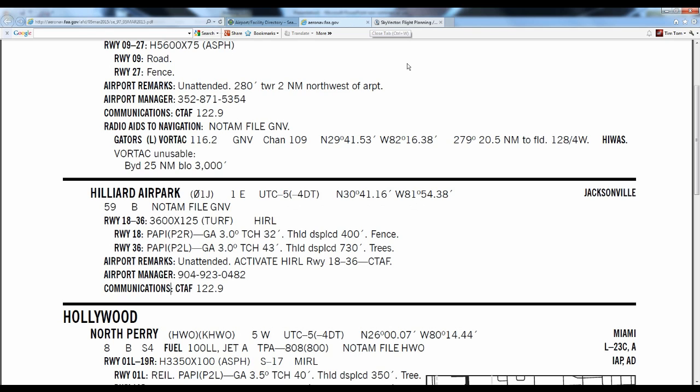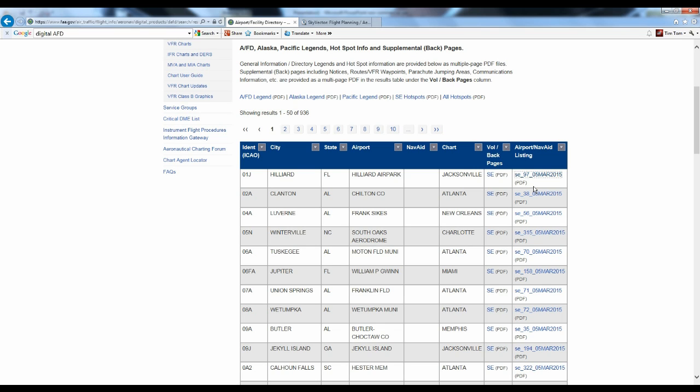This other one I clicked on, that's a 15.12 megabyte download. That's going to take forever, so I'm just going to close it. That is the supplemental stuff. So the AFD contains a boatload of information. The supplemental volume stuff that I closed out because it was going to take too long to download will contain things like special VFR procedures, a map of Disney World for some reason.